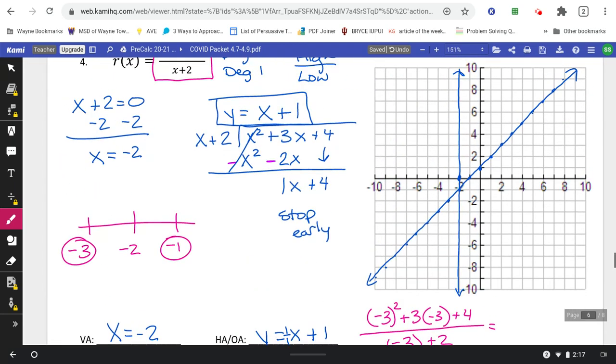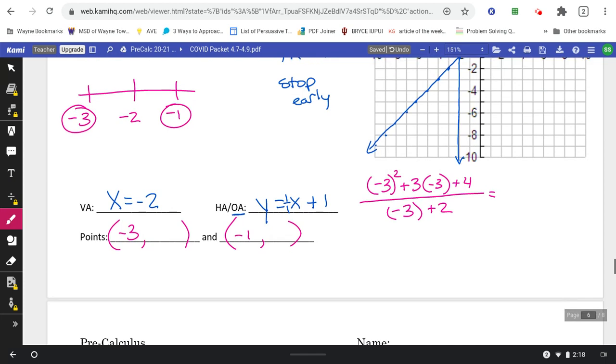Then we're just going to simplify. You can type this into your calculator in the numerator if you want. Type that all in. But I'm getting 9 plus -9 plus 4, which is just going to get me 4. And in my denominator, -3 plus 2 is -1, resulting in an answer of -4.